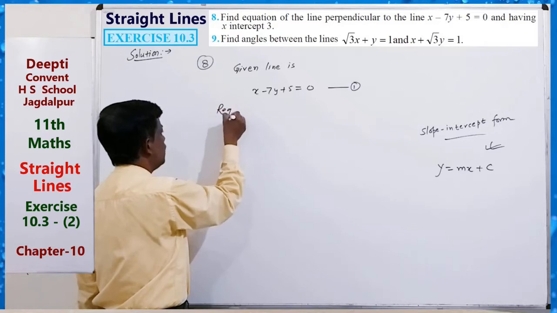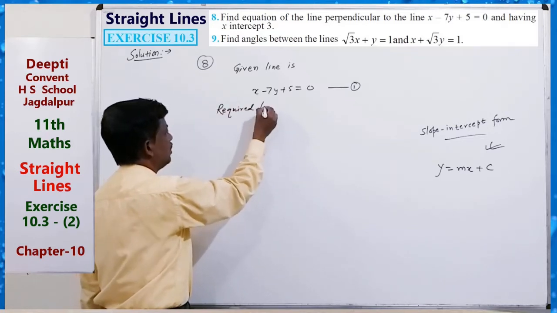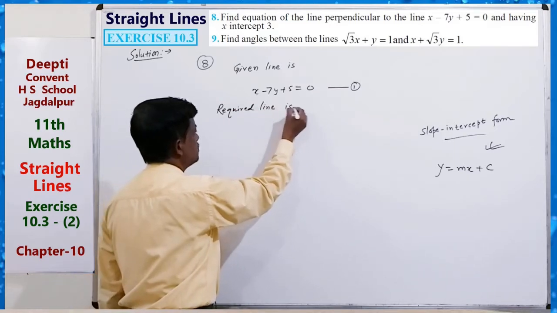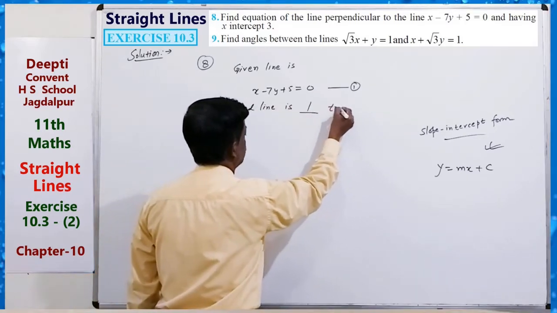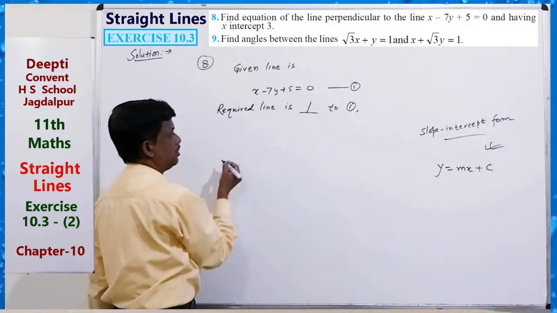The required line means the line we have to find. Required line is perpendicular to line 1.